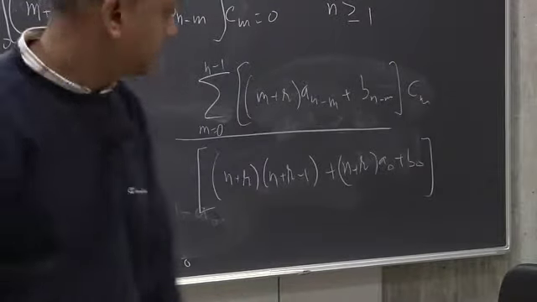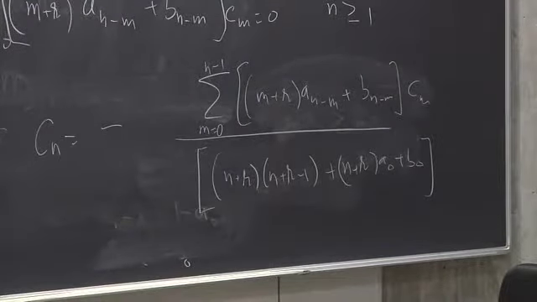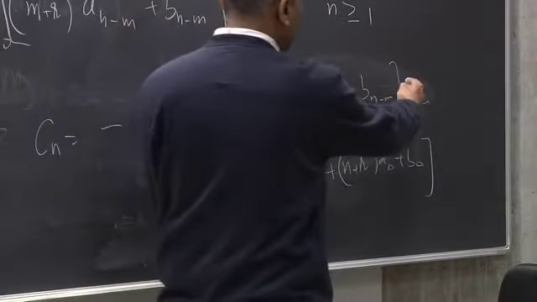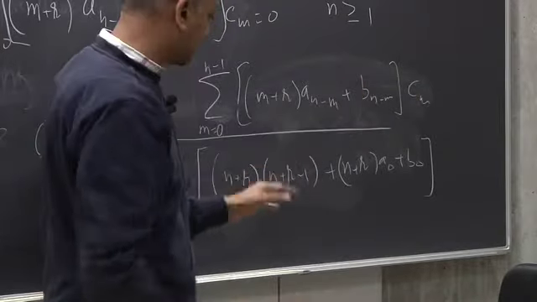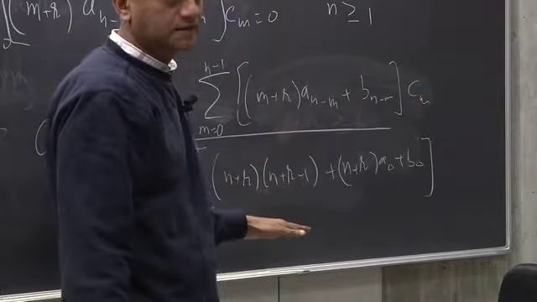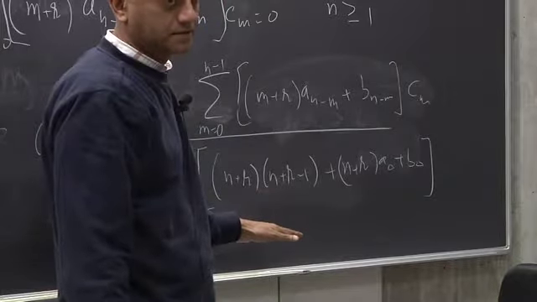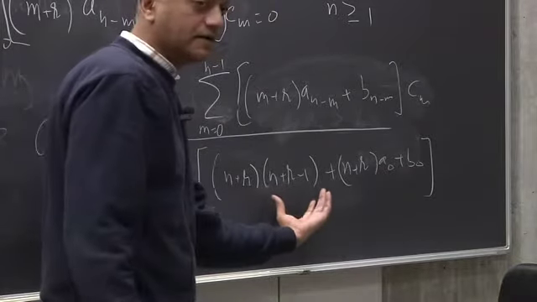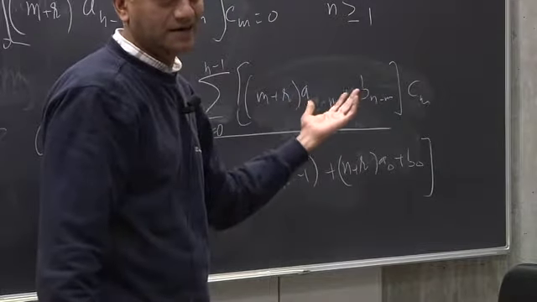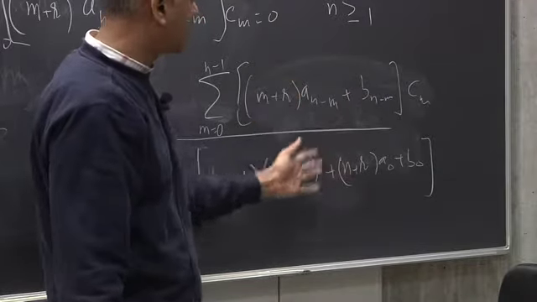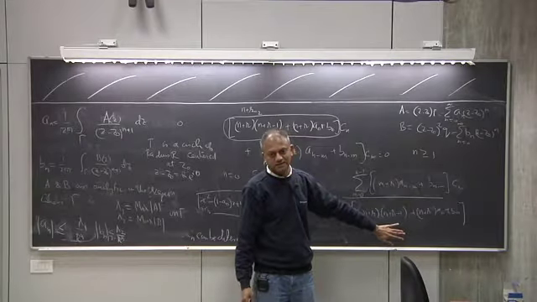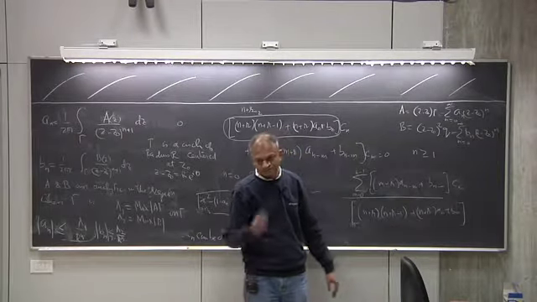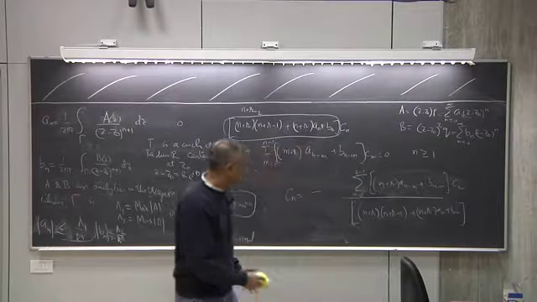If I want to get an upper bound for Cn, I should look at the upper bound for the numerator and the lower bound for the denominator. The lower the denominator is, the higher the total thing is. So in order to compute the upper bound of something, you look at the upper bound of the numerator and at the same time the lower bound for the denominator.